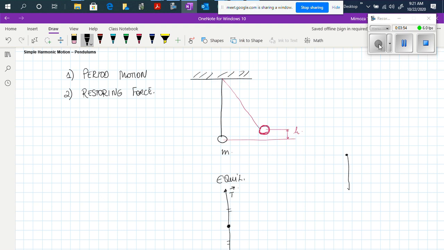Force of gravity is always going down, and then tension will always be along the string starting from the object. So as you see here, the tension has two components, the vertical component and the horizontal component.